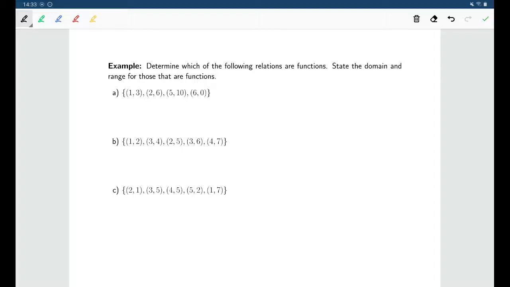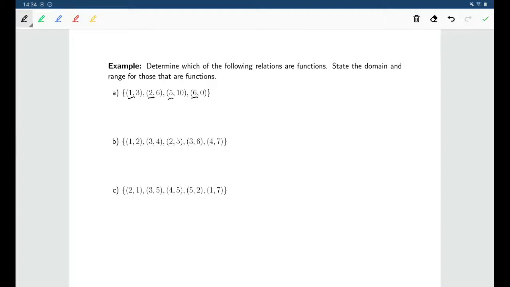So looking at the first one we have, you can see that the input values 1, 2, 5, 6 all show up exactly once. That means that the output value when x is 1, there's only one answer to that, it's a 3. The output value when x is 2, there's only one answer to that, it's a 6. And then same thing for the other 2 points.